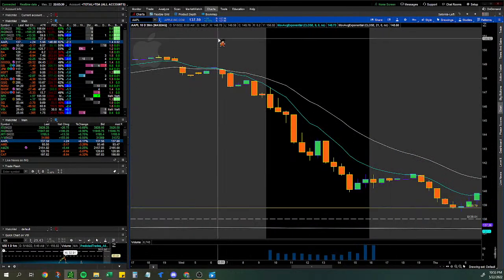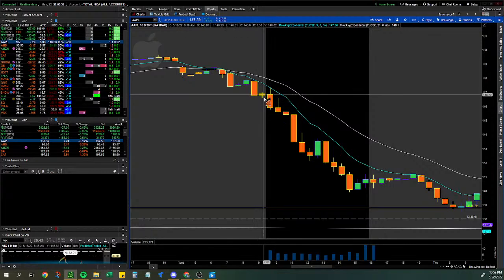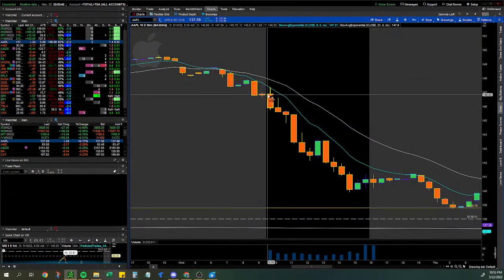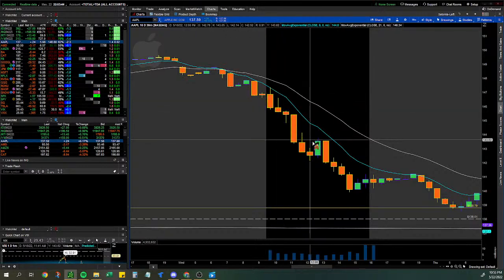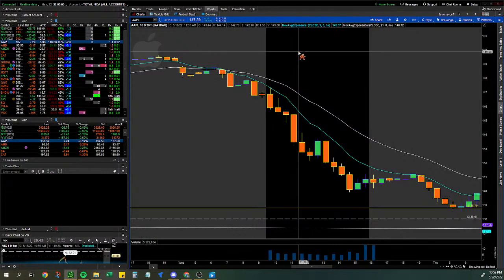Looking at that Wednesday where the 4-hour got through, came back to test in the first 4-hour candle cash session, then rejected. Same on a 30-minute. We were rejecting. So this pattern held true on a 30-minute up to a 4-hour.